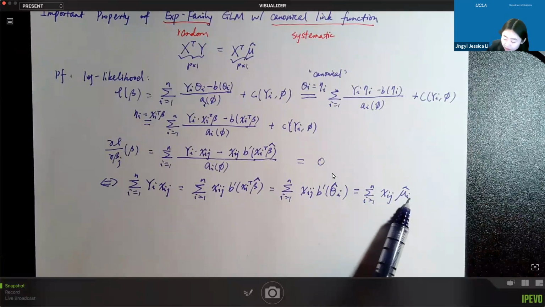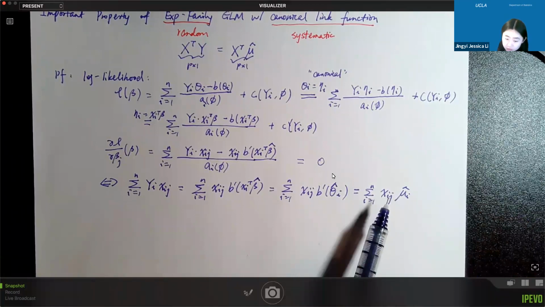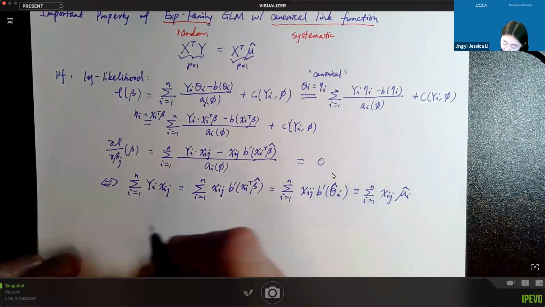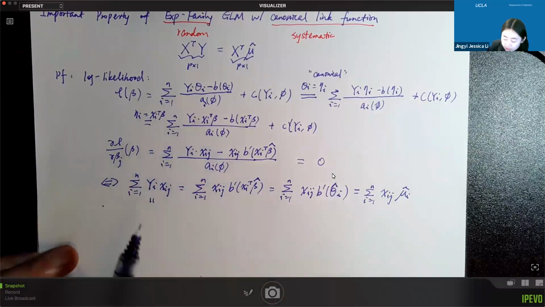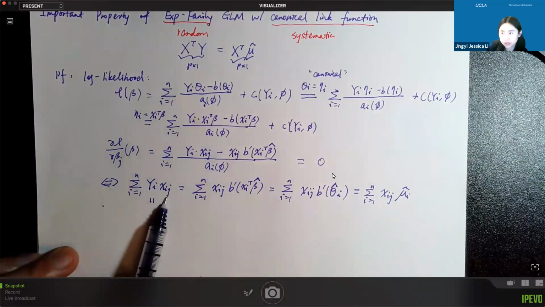So for the ith element, I have x_ij times mu_i hat, and I'm taking the sum over i. So the left-hand side, let me write it this way: you can see I'm taking the inner product of the y vector with the jth column of my design matrix.